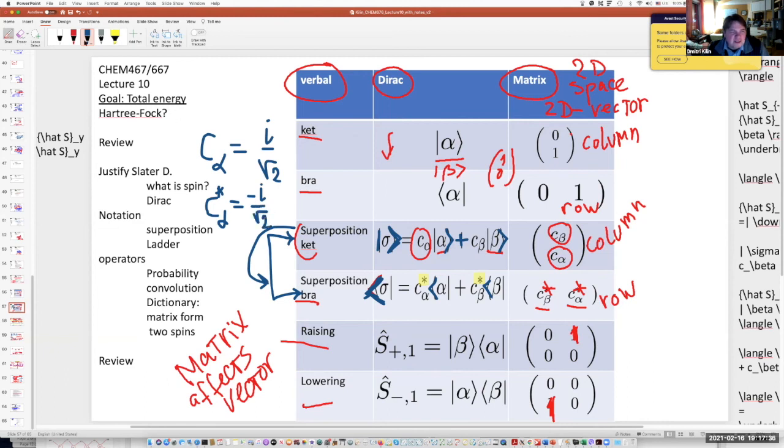And let me give another, maybe more general, example. If our C alpha was, let's say, 1 plus i, then C star sub alpha will be 1 minus i.